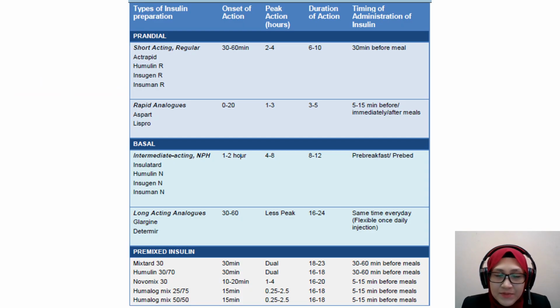So these are the types of insulin that can be used: short acting like rapid, intermediate acting like Insulatard, Humulin, and Insugen, and long acting like glargine.